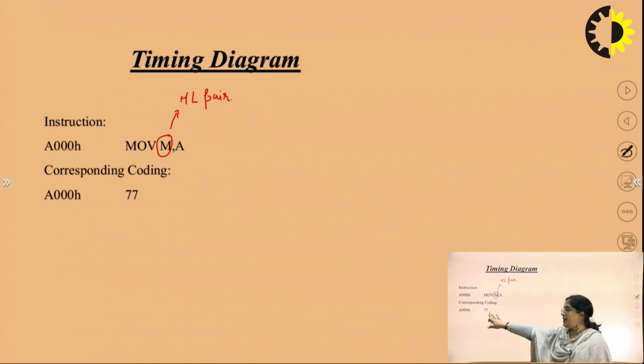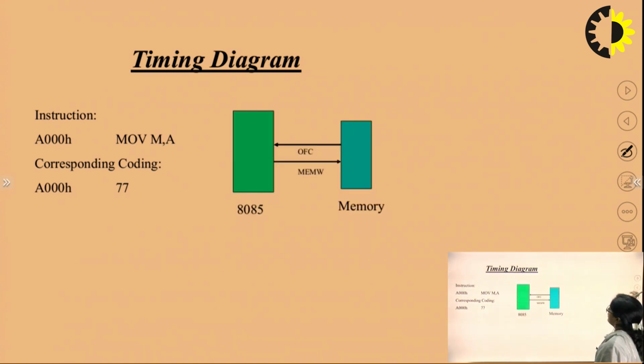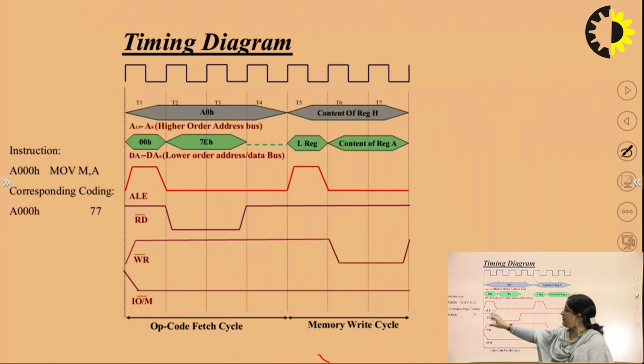Again, this is a 1 byte instruction, but it will take more machine operations: one is opcode fetch and the other is memory write. First the opcode, 77, will be fetched from memory to the microprocessor.